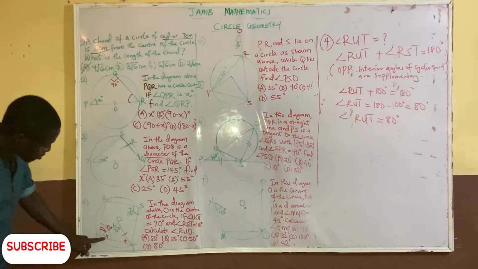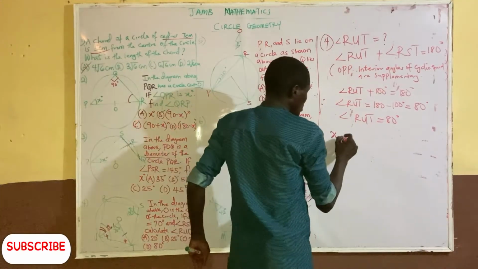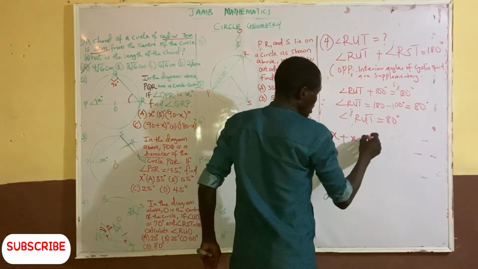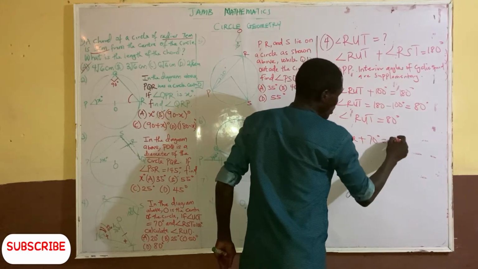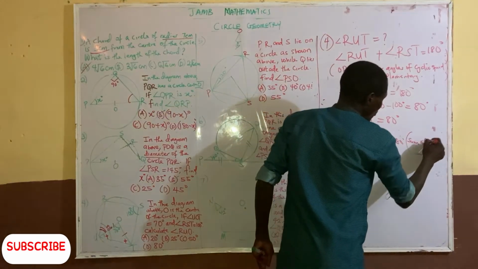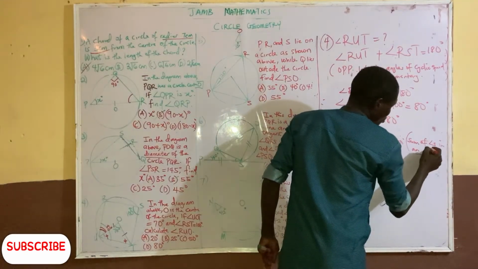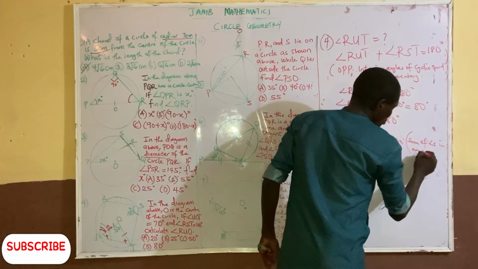So this angle here is equal to this angle here. So x plus x plus 70 is equal to 180 degrees, the sum of angles in a triangle.